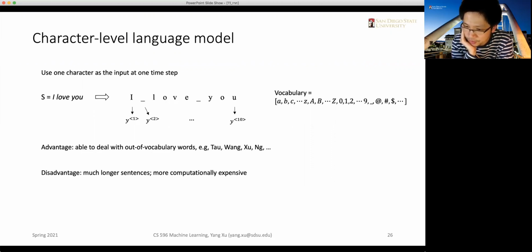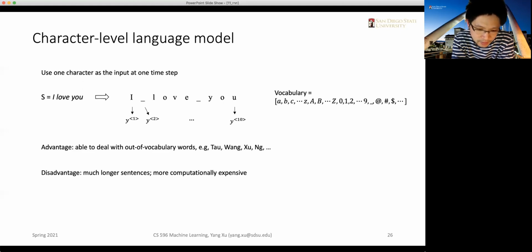Yeah, I see a comment: assume proper nouns would be difficult. Yeah, proper nouns are difficult when they only appeared very few times, right? Language is very messy data to model.